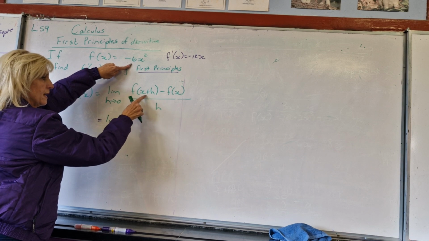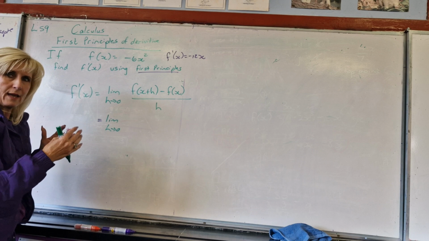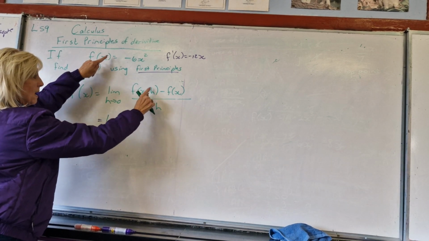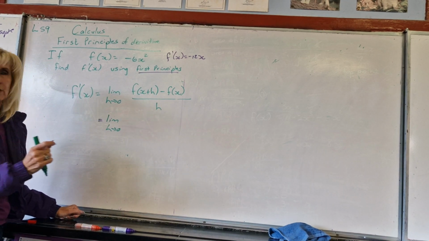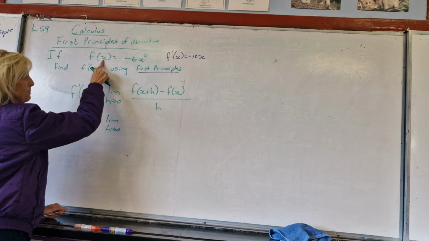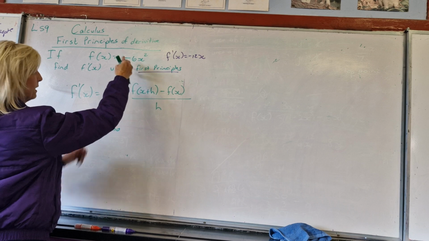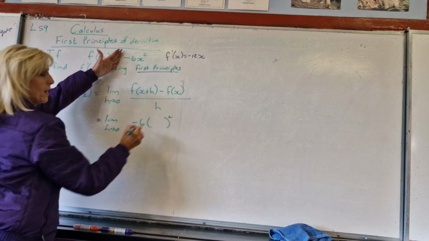In the place of x, there must be an x plus h. In the place of x, I now have x plus h. Read the notation. f(x), f(x plus h). So x is being substituted with x plus h in my sum, whatever my sum is. And my sum is minus 6x squared.